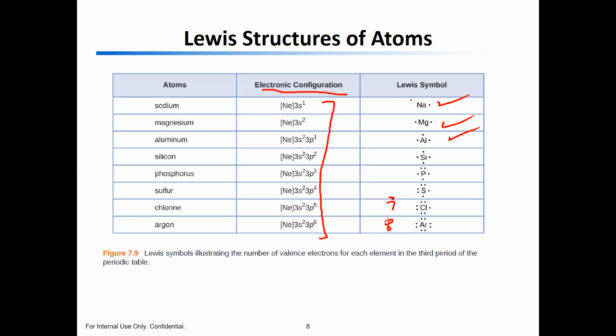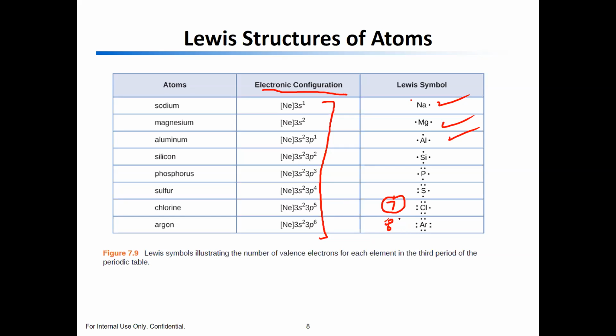Look at chlorine, how many valence electrons does it have? 7. How could chlorine become like argon? It needs to gain how many? 1. So that's where we get this idea of chlorine being minus 1, because chlorine just needs one more electron to become like argon.